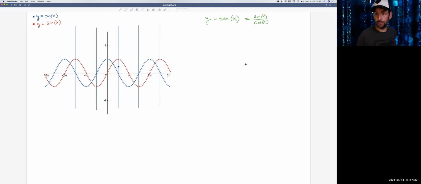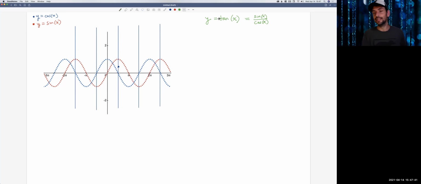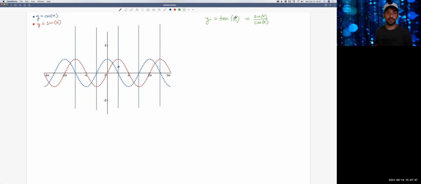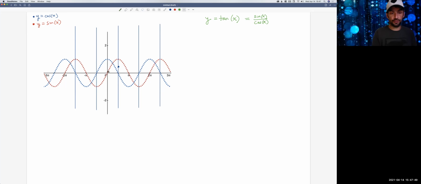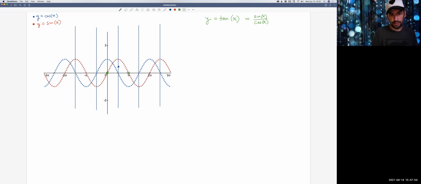So let's do another couple things. Let's look at the zeros. Tangent will be 0 whenever sine is 0, as long as cosine is not 0 at the same time, but they're never 0 at the same time. So we can look for the zeros of sine, and I see a 0 here, a 0 here, a 0 here.